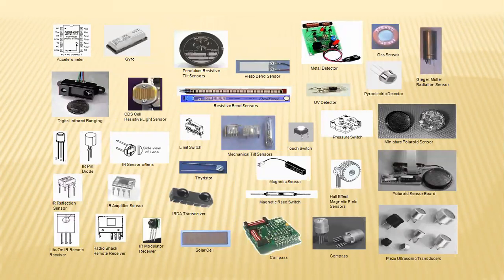Here, there are some pictorial representations related to different kinds of sensors. These are different types of sensors utilized in various fields of robots. Let us see here the accelerometer, and this is a microprocessor which has the program stored.